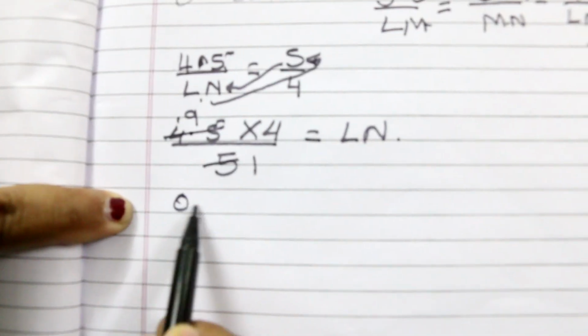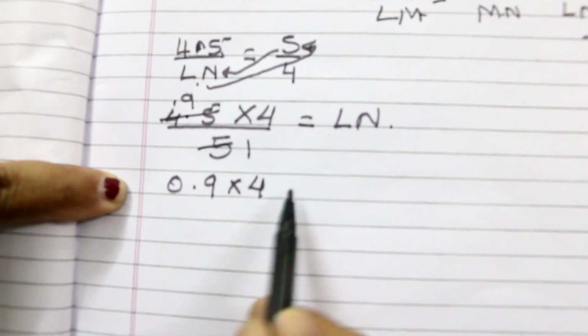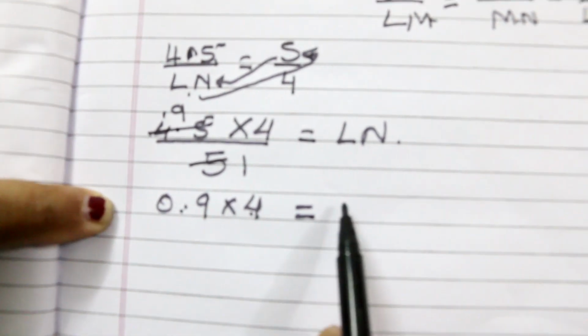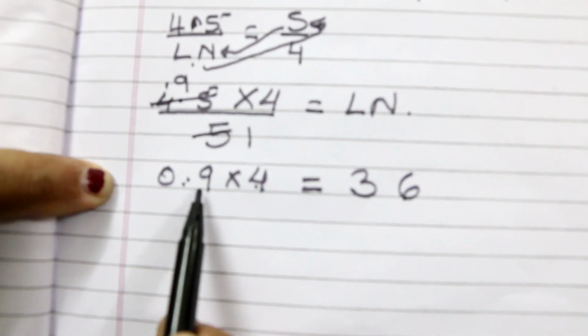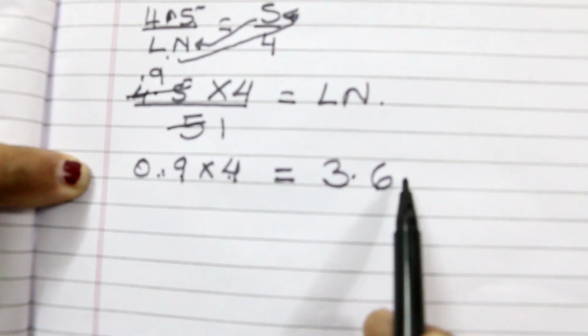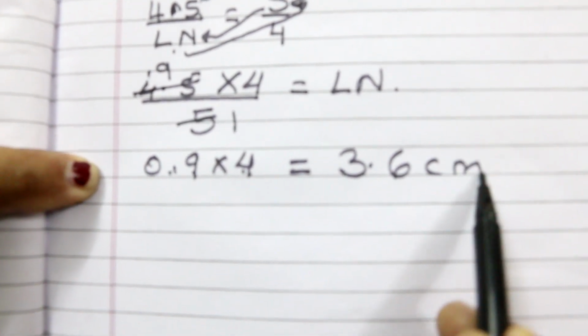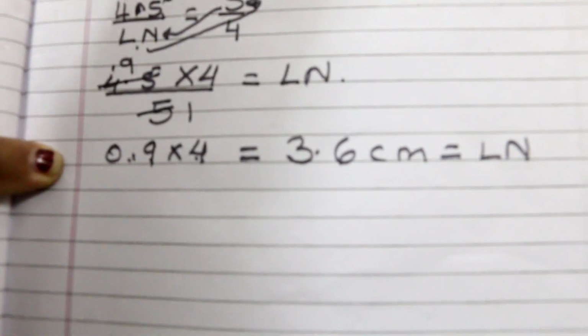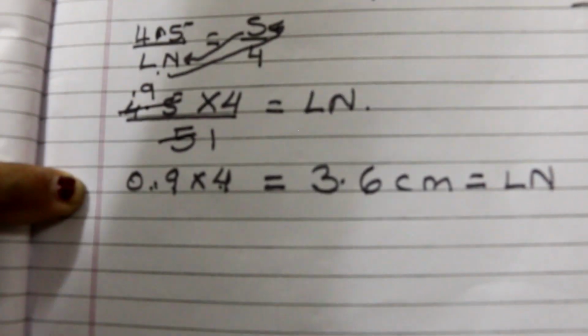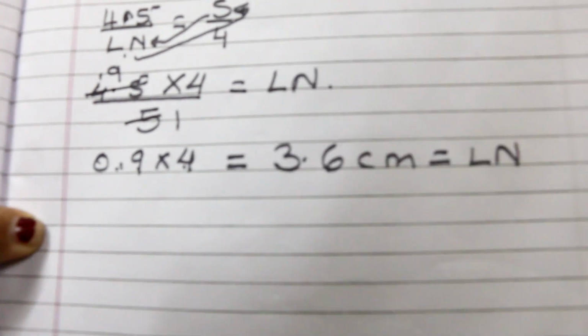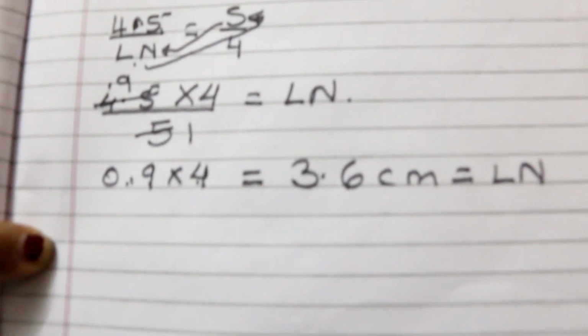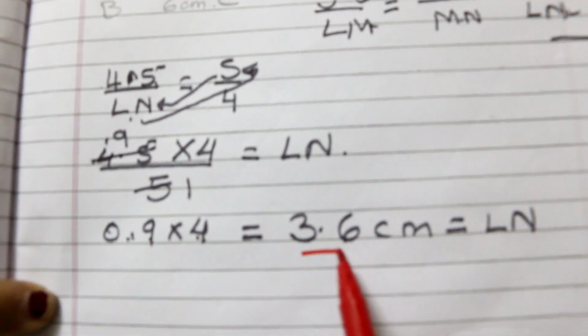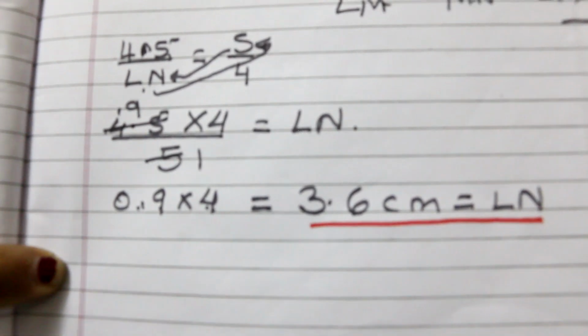So 0.9 into 4, which is 4 nines are 36. So point after one digit, 3.6 centimeter is equal to LN. Now mark it, children. I am marking it 3.6 LN.